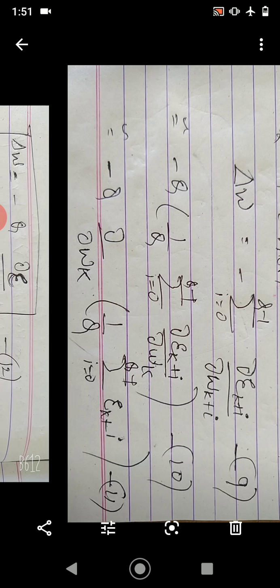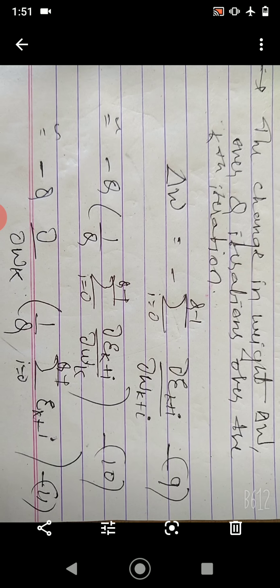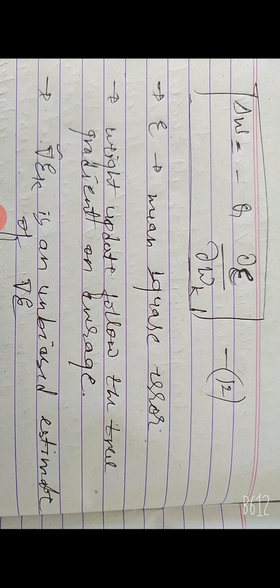And after rearranging the terms in equation number 11, we'll go ahead with equation number 12. This is what we'll get. So you can see here, the change in weight is nothing but it is equivalent to the epsilon divided by your differentiation of W of k. This epsilon denotes nothing but your mean square error.